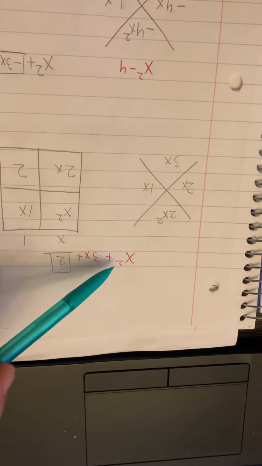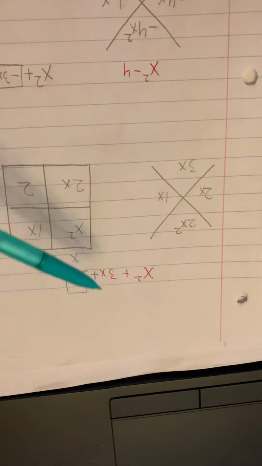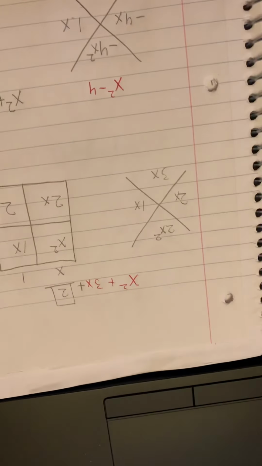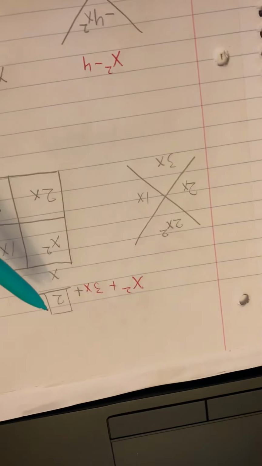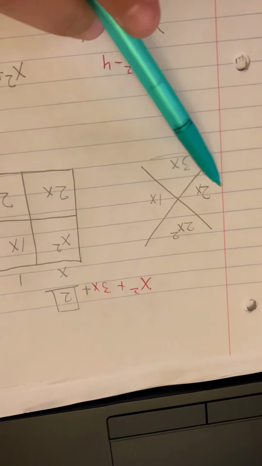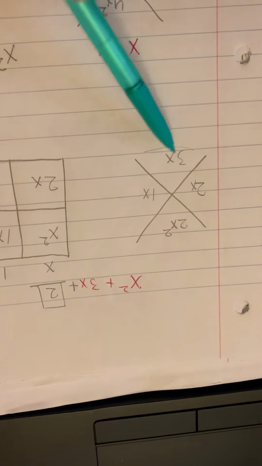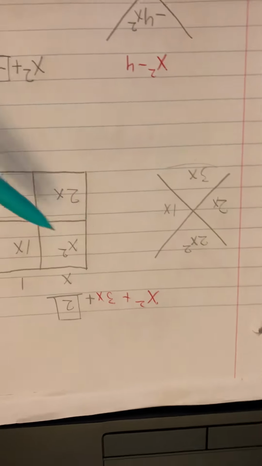So x squared plus 3x plus 2. We can start off by plugging. We don't have a c, but we have a b, so we plug this in first. We figure that 2x plus 1x is 3x, and we multiply these to get here.